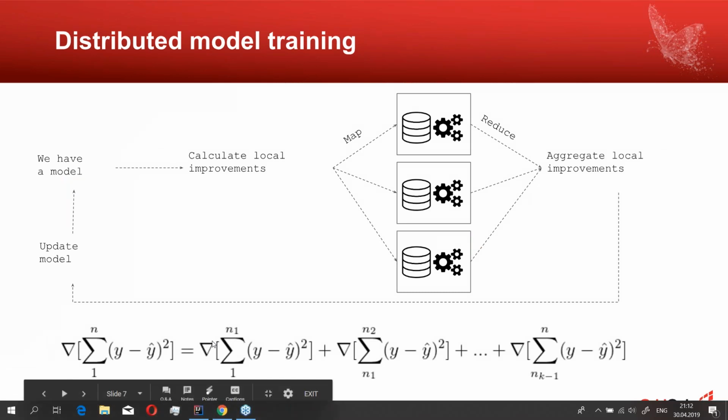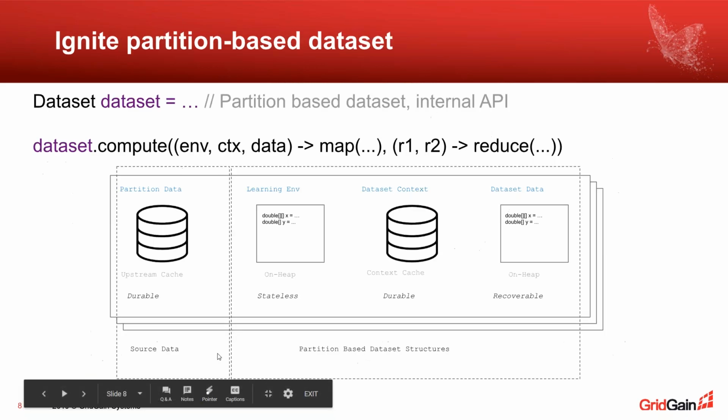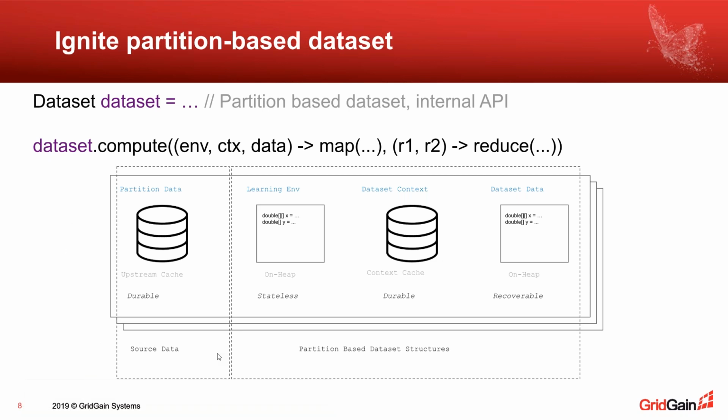And after this, I want to show how we actually could use all this knowledge in Apache Ignite. In Apache Ignite, we have an entity called Ignite partition-based dataset. Basically, it's an internal API, and you will not face it, but we should know the principle of how it works.